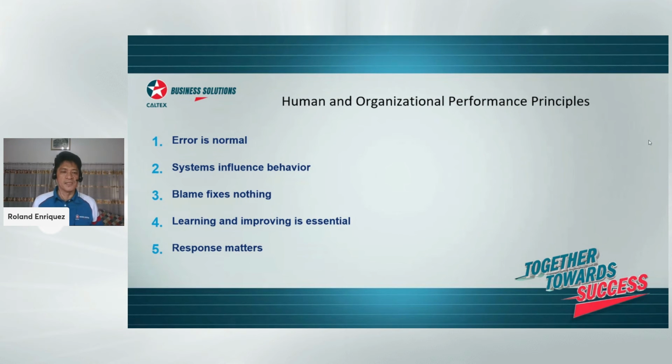You cannot accomplish anything if you blame somebody. The fourth one is learning and improving is essential. We need to continuously learn so that we can improve. Later on I will provide more context on that. Another one is response matters, and this is basically for the leaders.